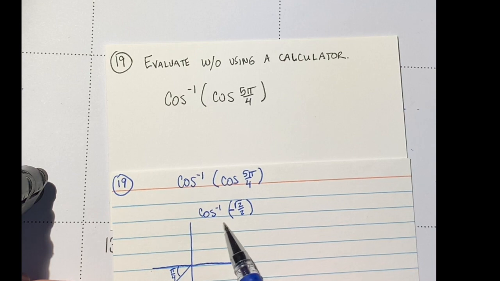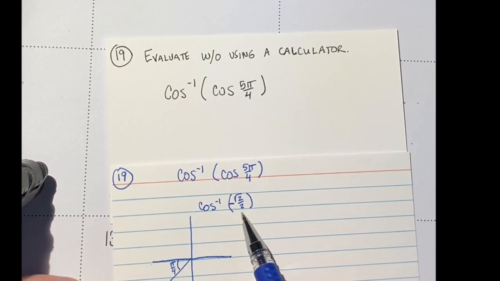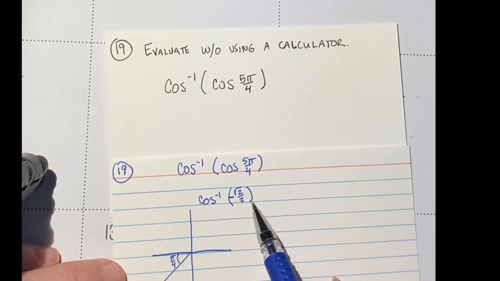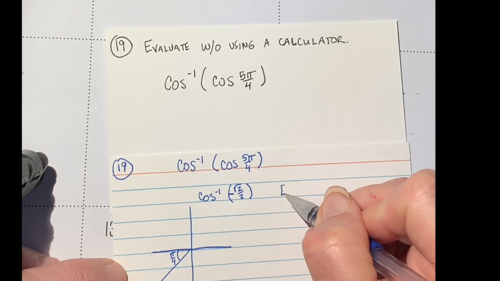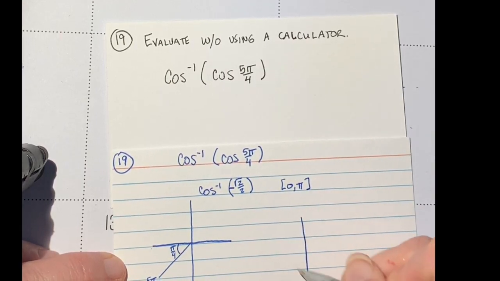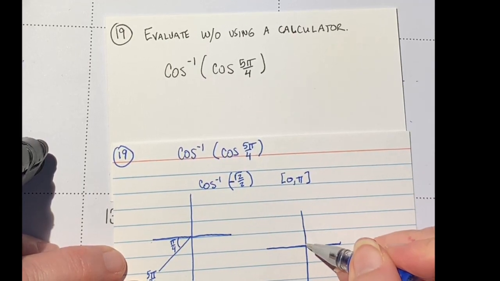What angle is associated with a cosine of negative square root of 2 over 2, but in the domain for an inverse cosine, which is from 0 to pi? Okay, so the angles that would have a cosine of negative square root of 2 over 2 would be the 45 or the pi/4 degree angle.